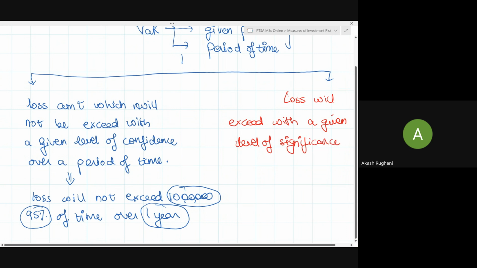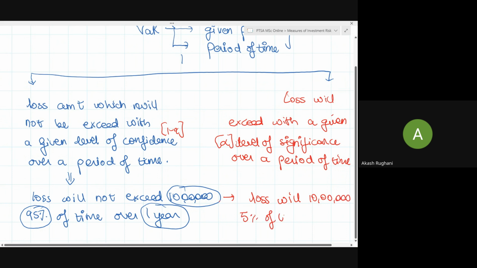If you remember confidence intervals, guys, level of significance is alpha. Level of confidence is 1 minus alpha. Exceed with a given level of significance over a period of time. So if the same thing has to be said here, I will say loss will exceed 10 lakhs, 5% of the time, over 1 year.